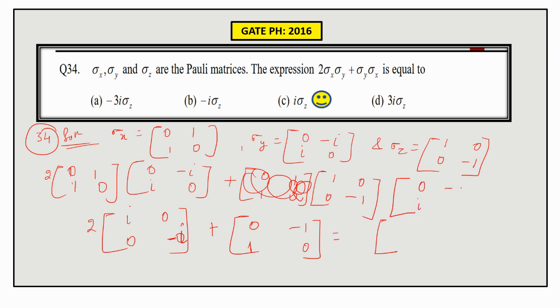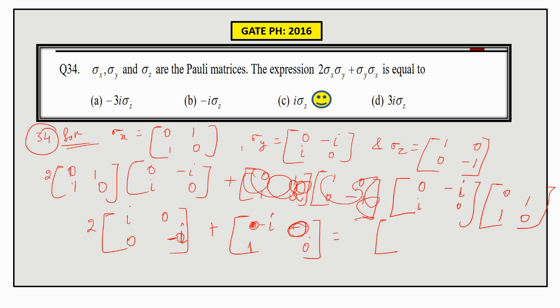Zero iota minus... no, no. Wait, sorry everyone. Zero iota, zero, zero, one, one, zero, right? Zero minus iota will come here. This one will be 0, 0.